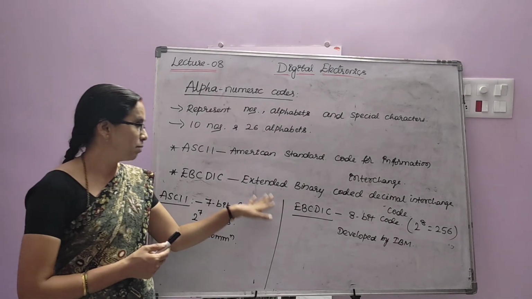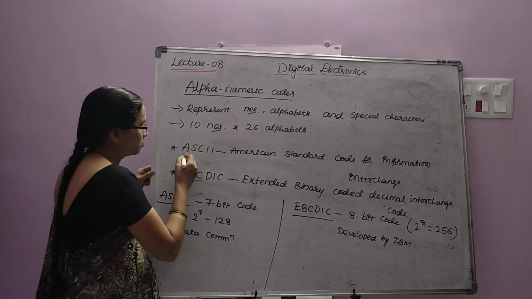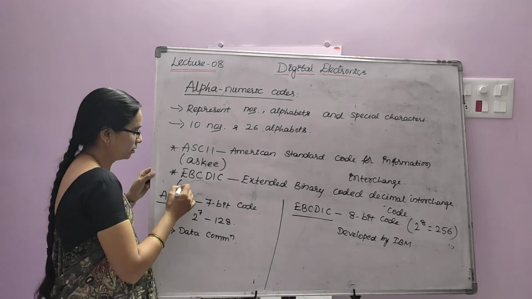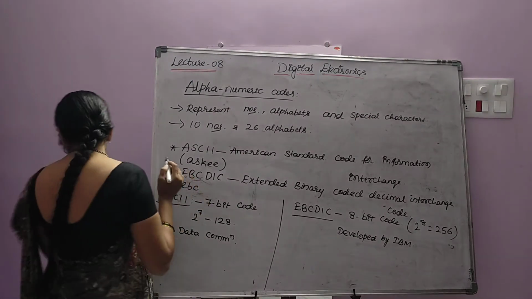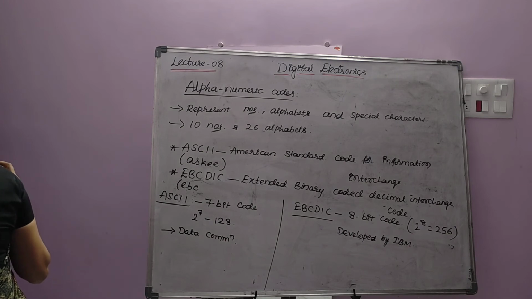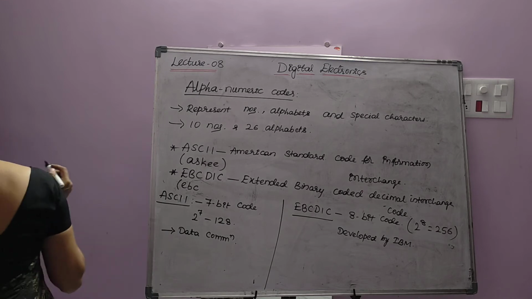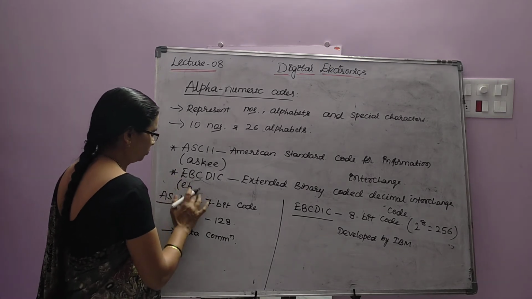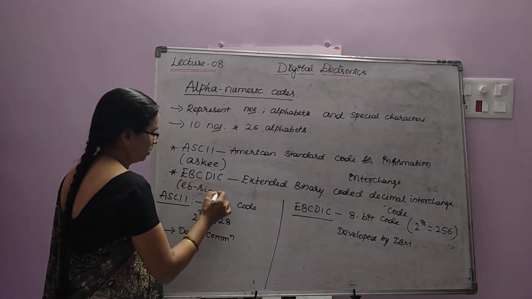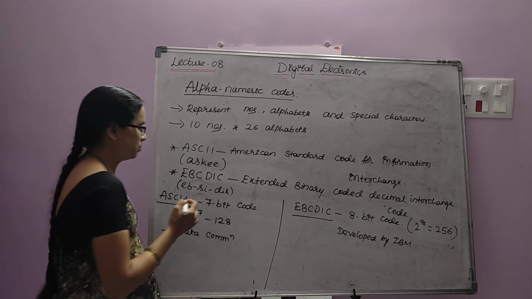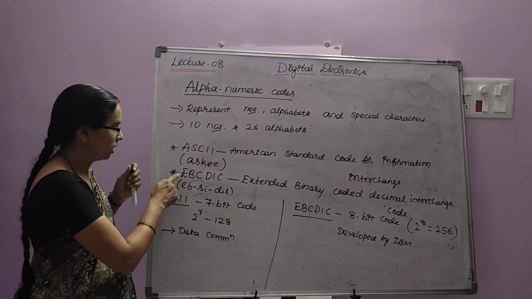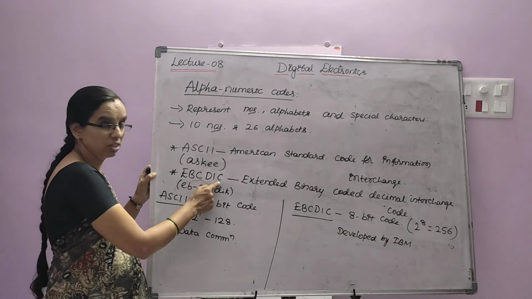And next is EBCDIC. This ASCII is pronounced as ASKEE. EBCDIC stands for Extended Binary Coded Decimal Interchange Code.